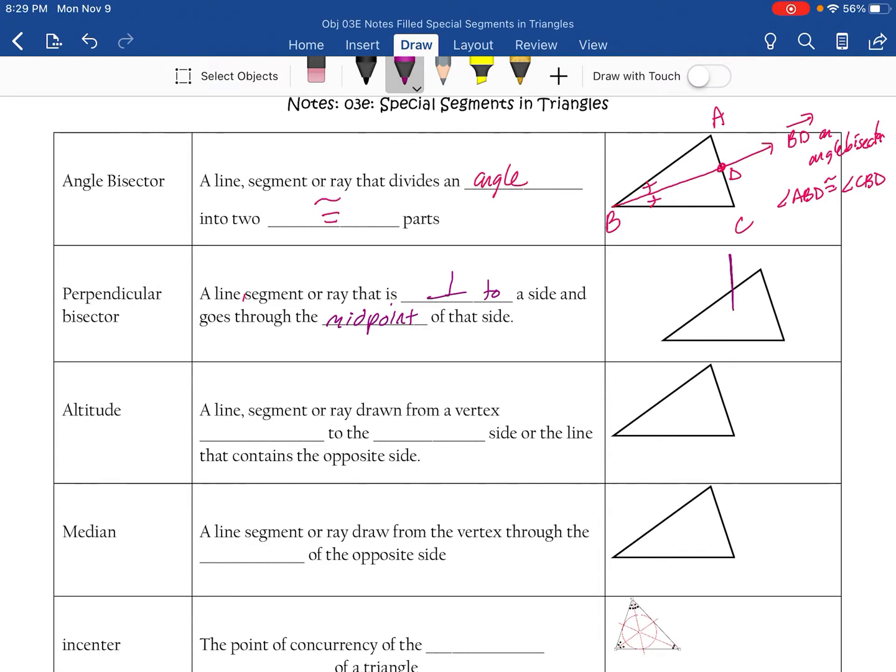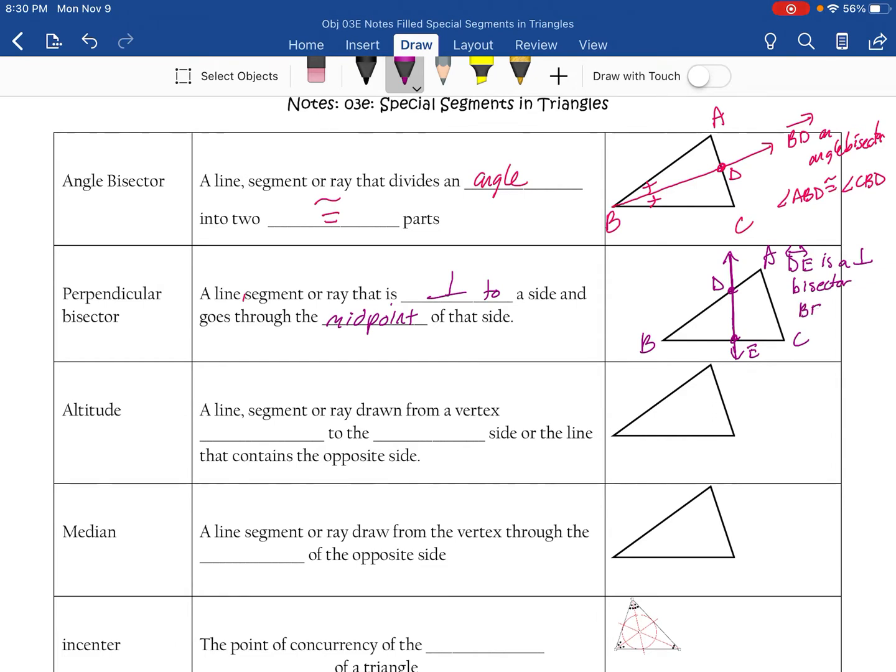So let's say here, we have A, B, C again, and we're going to call this D, E. And so if DE is a perpendicular bisector, okay, there are certain things you can conclude.